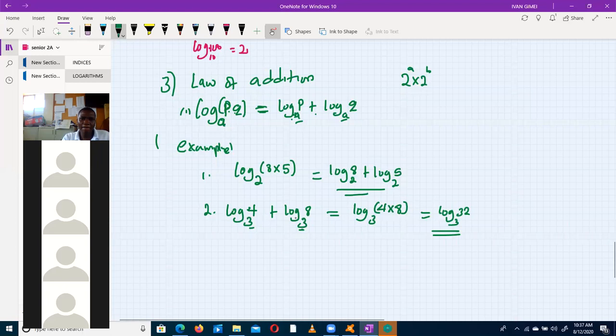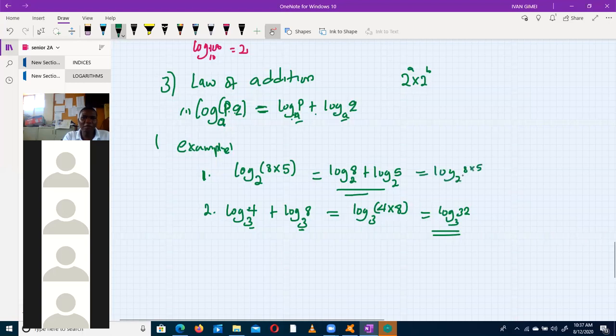If you're able to multiply 4 times 8, which means also on the first example, you also multiply. This is now example 1. Yes, if you multiply, I can bring it back and say this is the same as log of 8 times 5, like that.